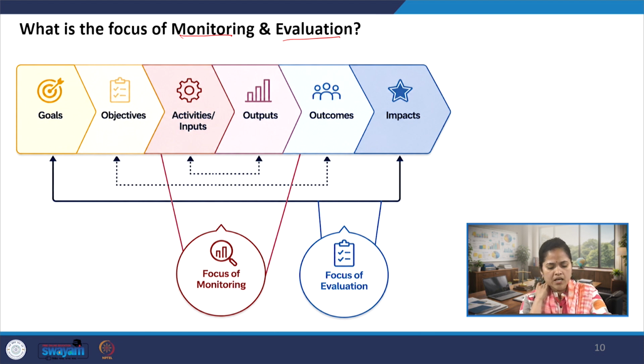In order to understand the focus of monitoring and evaluation and the differences between them, we can think about the entire policy cycle. If you recall, we start with identification of the problem, then agenda setting, and after that, policy formulation.